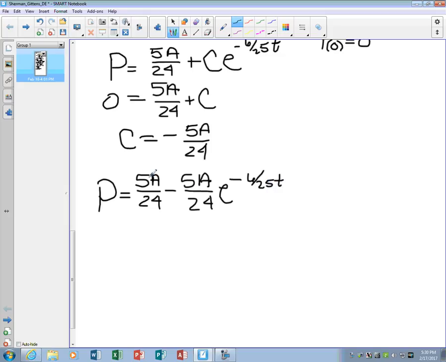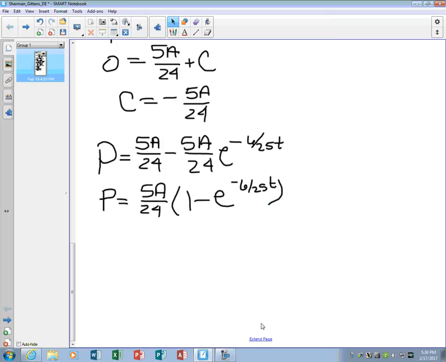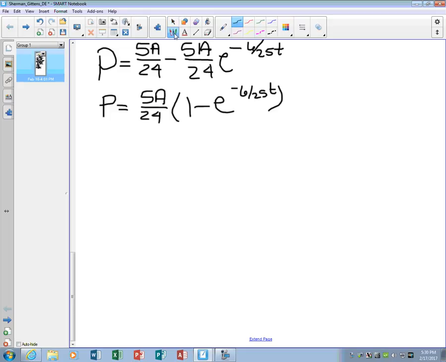So now we have 5a over 24 on both sides. So what I'm gonna do with that is I'm just gonna make it a little cleaner. Equals 5a over 24 times parentheses 1 minus e to the negative 6/25 t. So let's go from there.